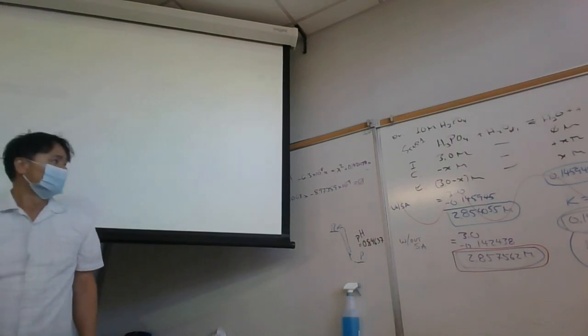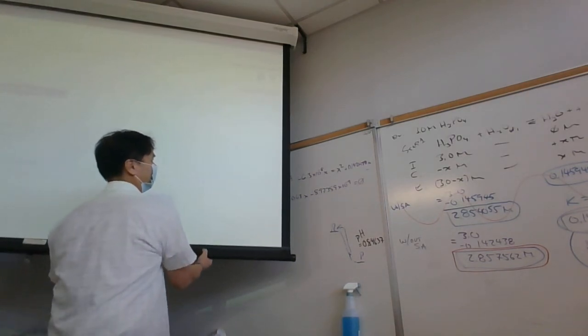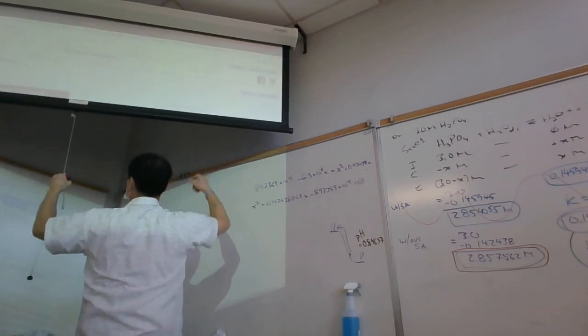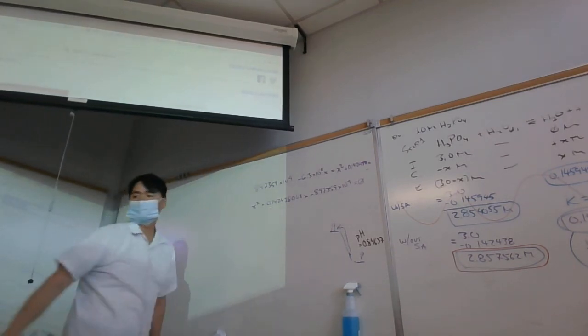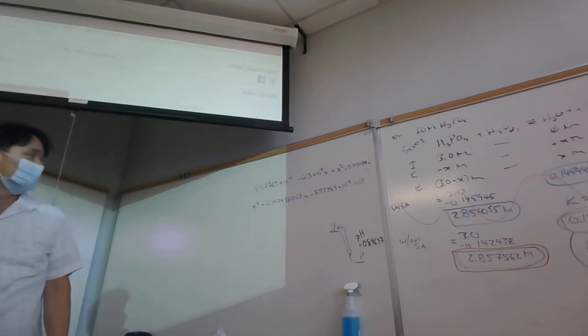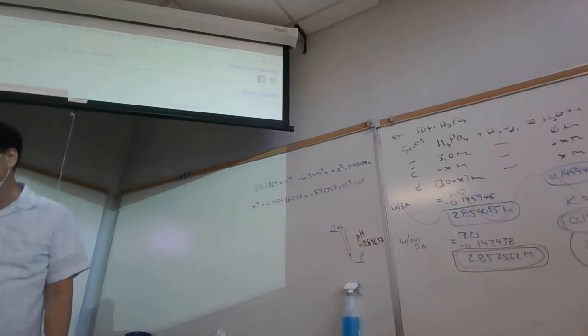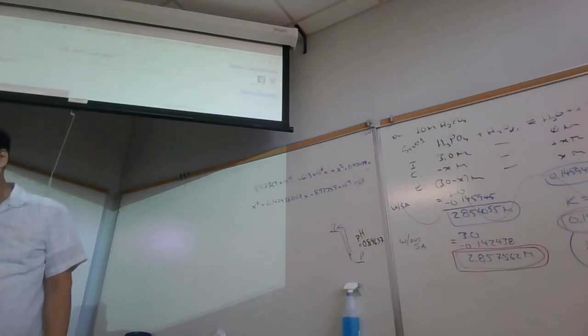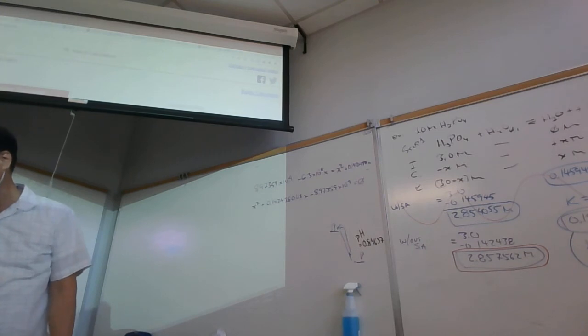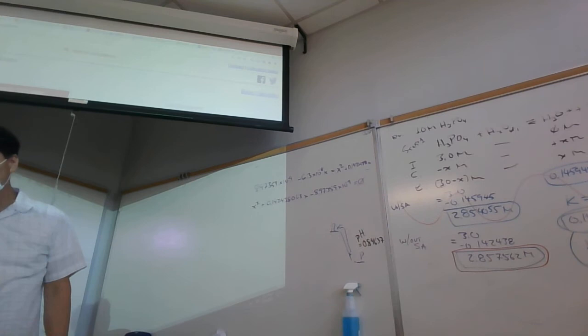A is 1. B is, enter that in, 0.142438063. C is negative 8.97359 times 10 to the negative 9.